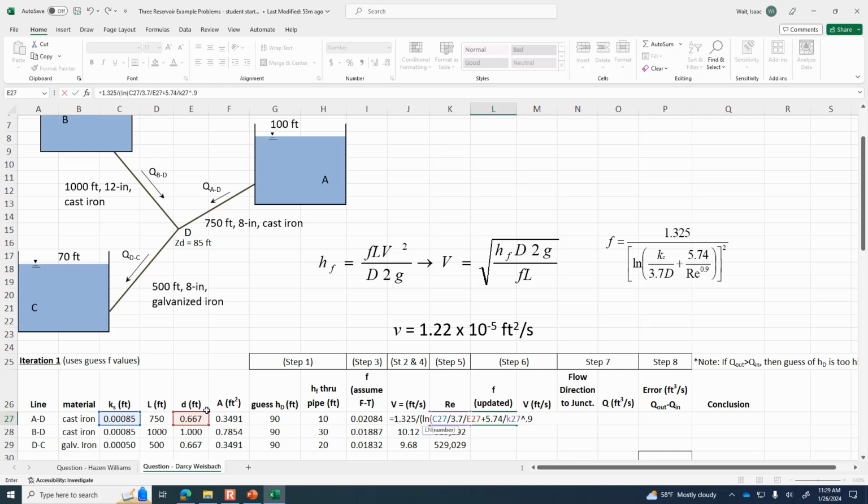Now I close the parentheses around the logarithm, close parentheses in the denominator, and square everything.